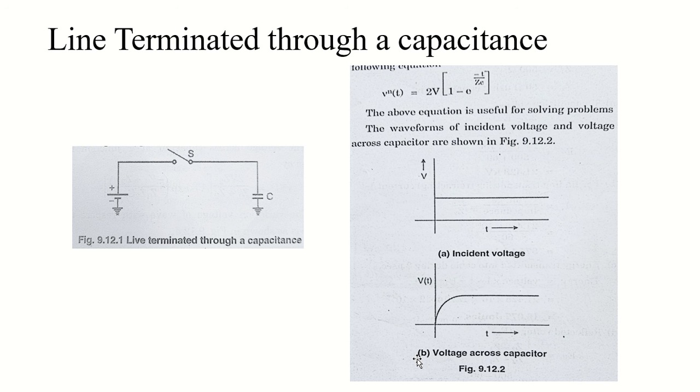Now the surge impedance of the line will be Z, and the reflected voltage or voltage across the capacitor can be given using the equation given here.